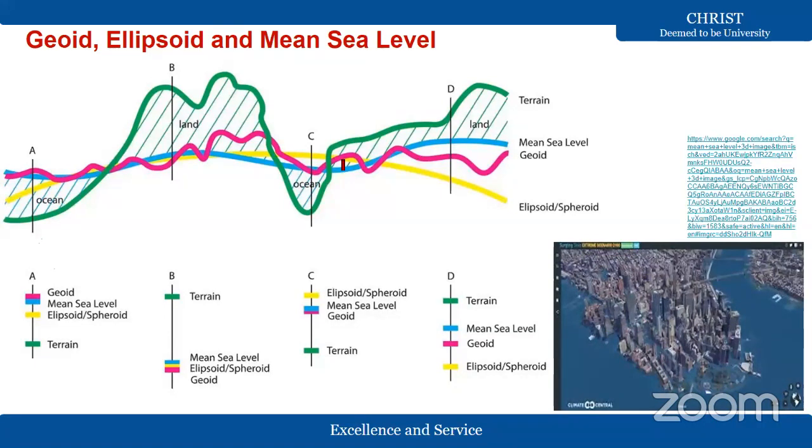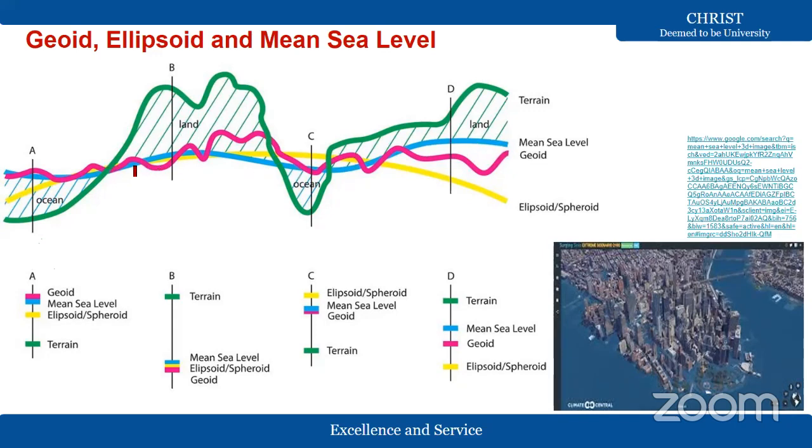From the geoid we have the mean sea level. Then this is the natural terrain. This green color indicates the natural, actual shape of the Earth surface at any section. This magenta color indicates the approximate shape of the Earth surface, and you have the mean sea level.